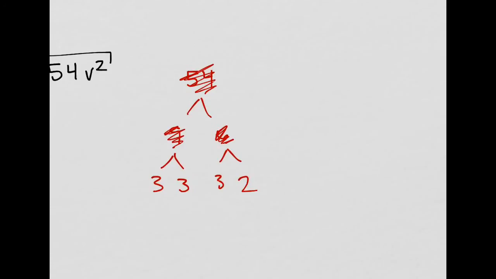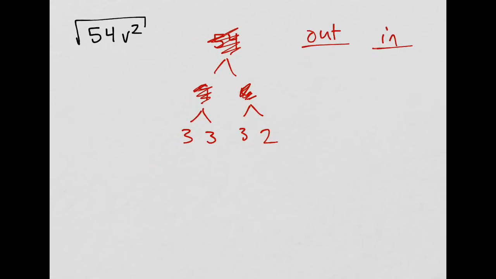And then I'll write my outside and inside columns. There's a pair, and those are both inside. So a single 3 on the outside. Remember, you only take one of them because the square root of 3 times 3 is just a single 3. So you only take one of them. And then 3 and 2 on the inside.